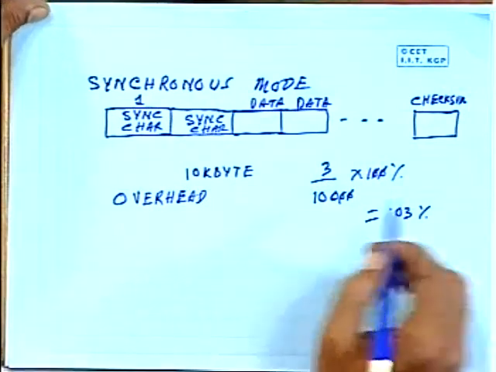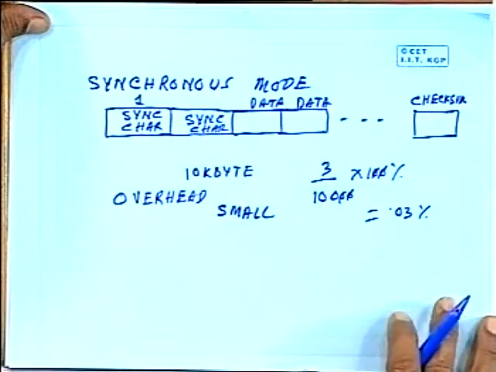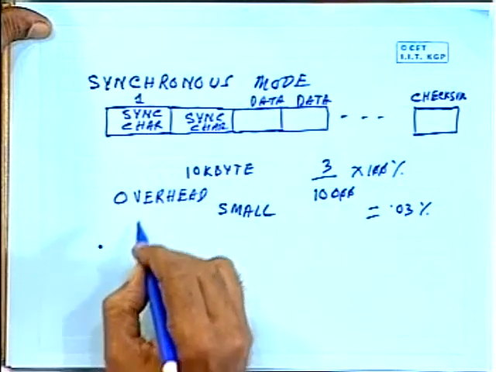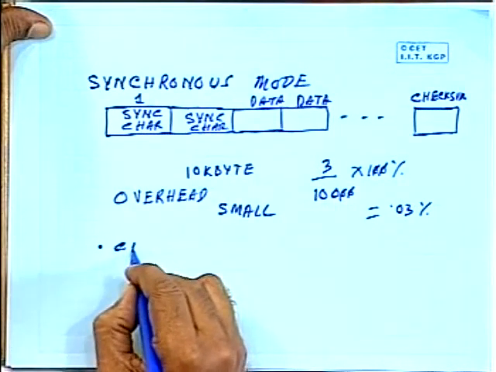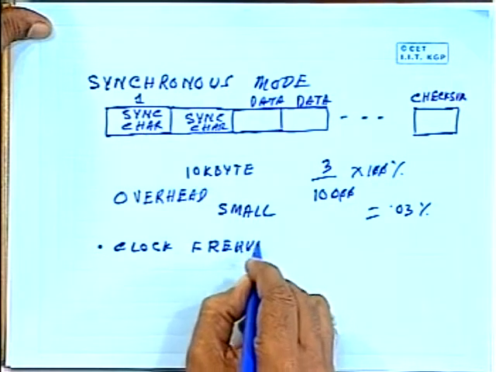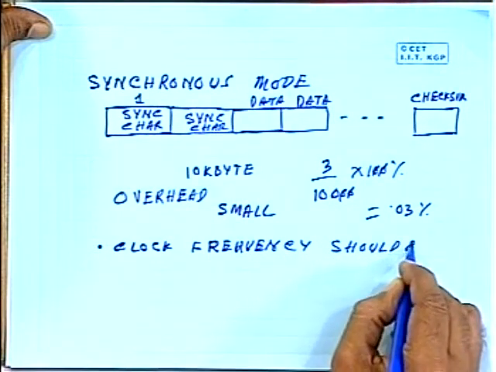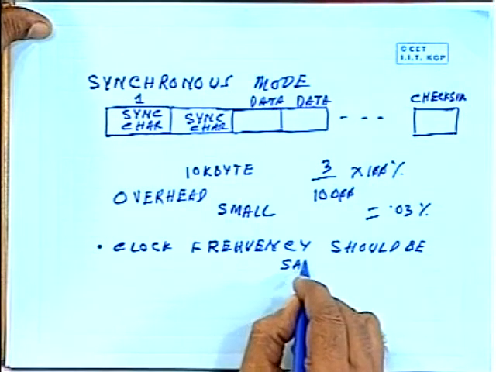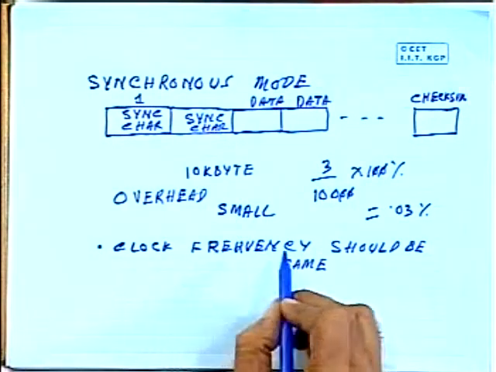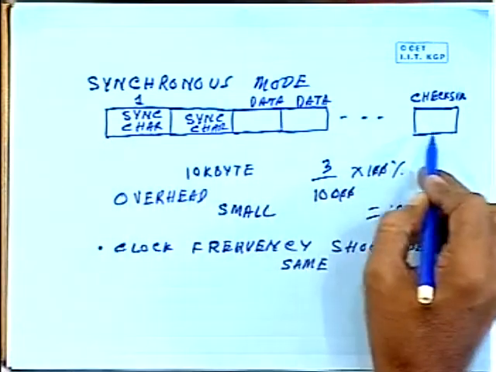Although the overhead is small and it is very efficient, the problem is that the clock frequency should be the same at both the transmitter and the receiver, because you are sending a large number of characters.